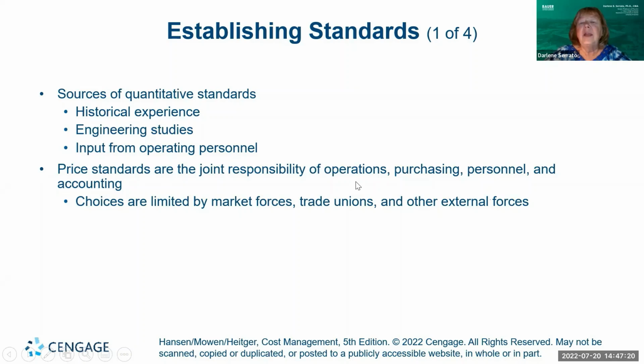So if we were talking about how much we're paying for the fabric, we would look at what specifications operations would give you for what type of fabric. Is it silk? Is it cotton? Is it linen?